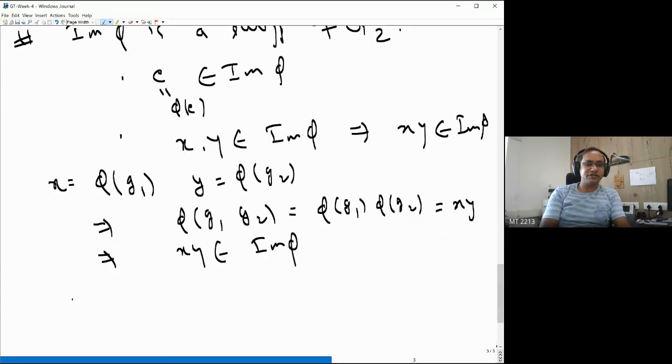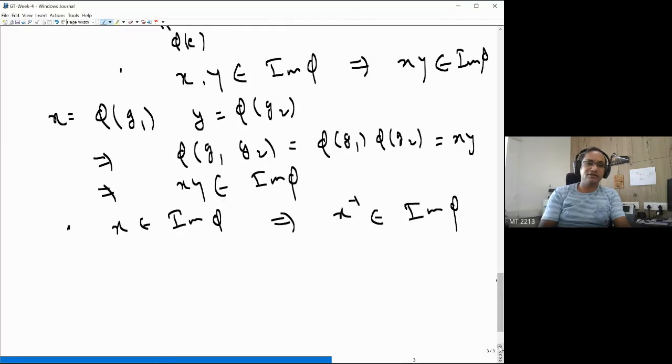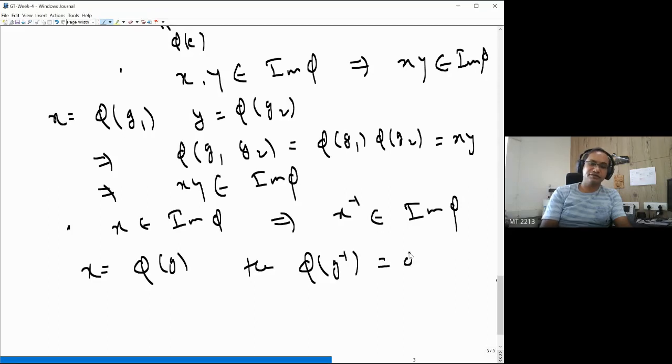And similarly, you can check inverse. If x belongs to the image of phi, then x inverse belongs to the image of phi. And how do I do that? I write x as, let's say, phi of some g. Then we try to compute phi of g inverse. Phi of g inverse will turn out to be phi of g whole inverse, which is x inverse.